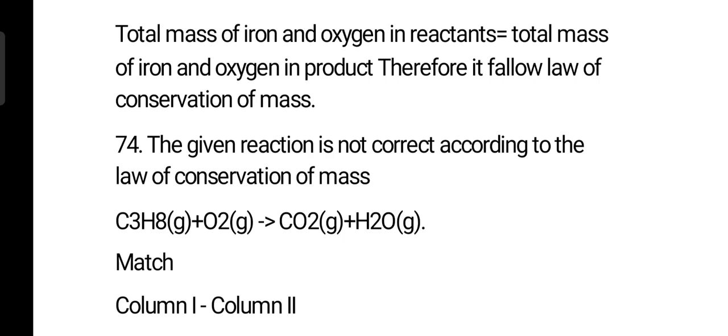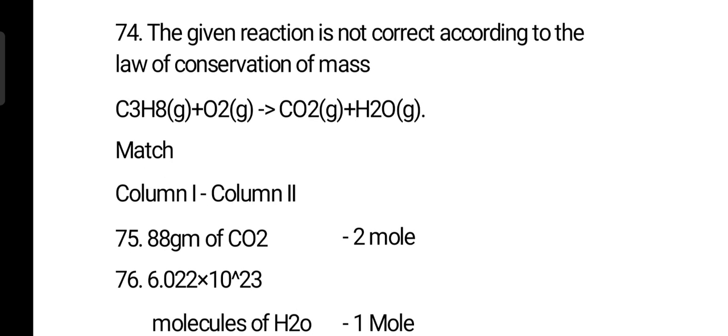Therefore, it follows the law of conservation of mass. The given reaction is not correct according to the law of conservation of mass.